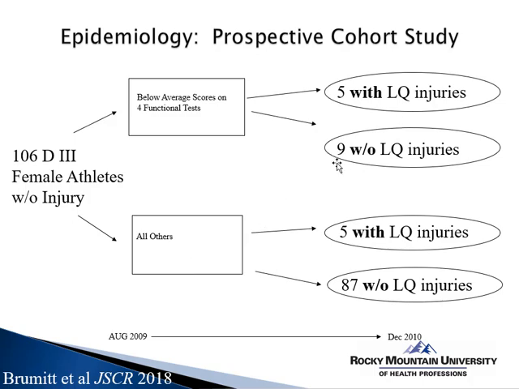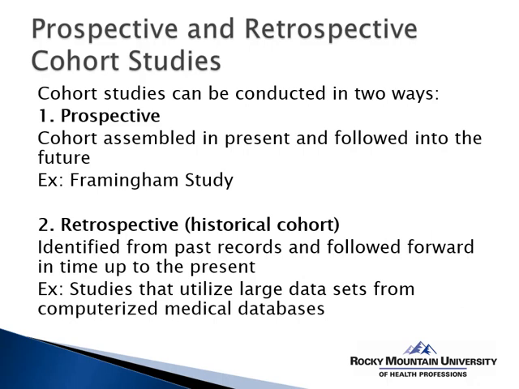So what did we find? Well, 5 of 14 people that were in this group, 14 people were considered at risk. 5 of 14 went on to have a non-contact time loss injury, whereas only 5 out of the 92 in this group went on to have a non-contact time loss injury. So people in this group were at a greater risk.